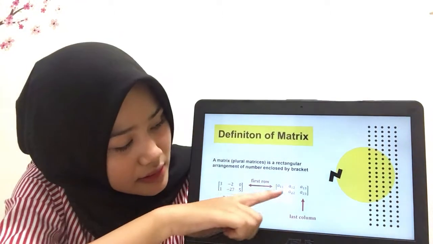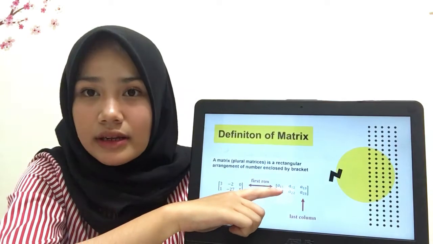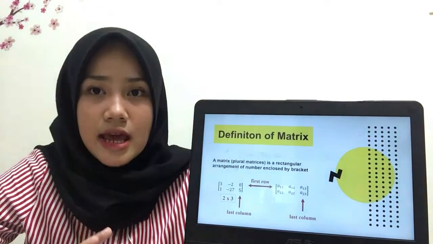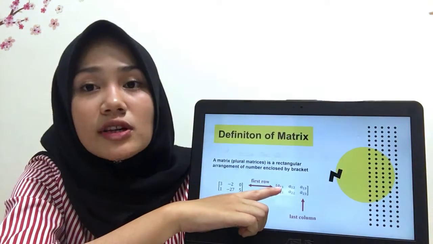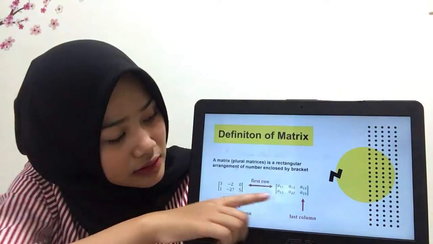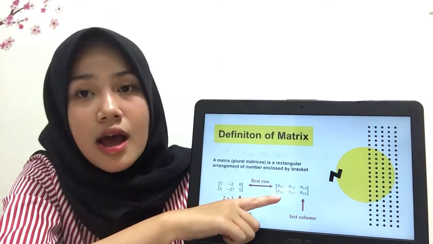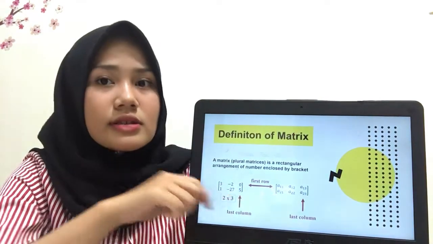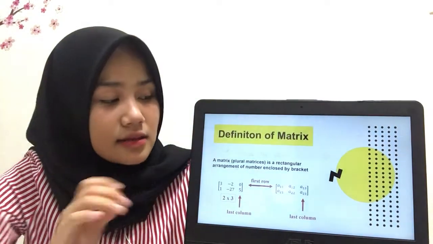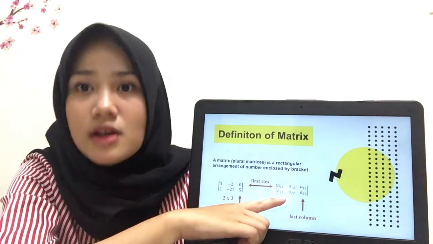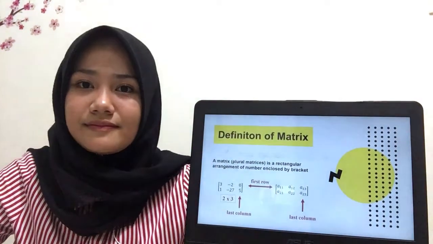For example, this one, A11, refers to the element of matrix A that is in the first row and the first column. Another example is this A21, that refers to the element of matrix A that is in the second row and the first column, and so on.